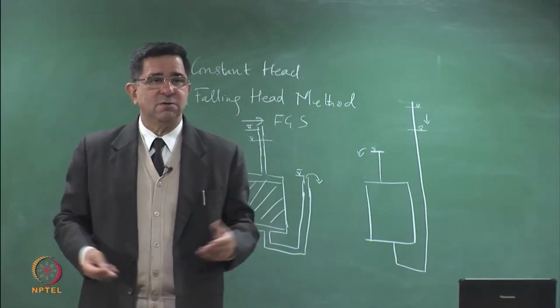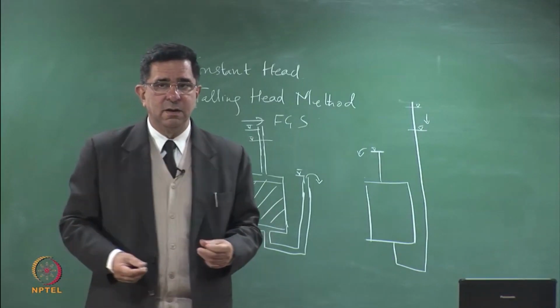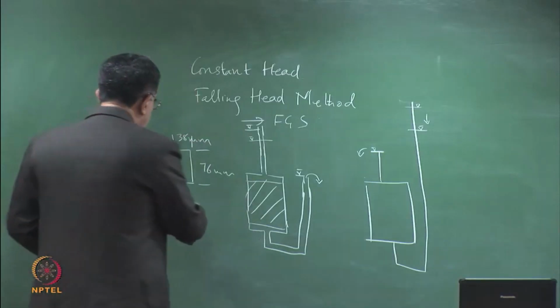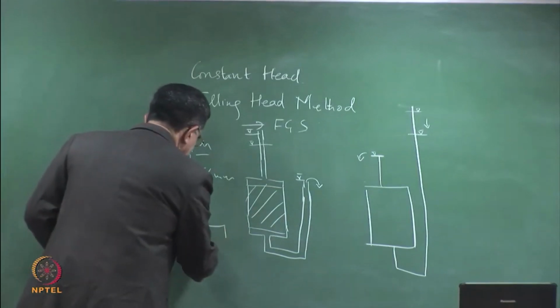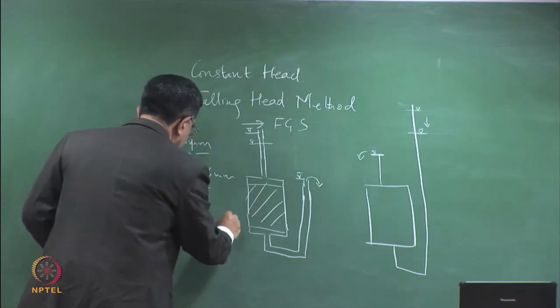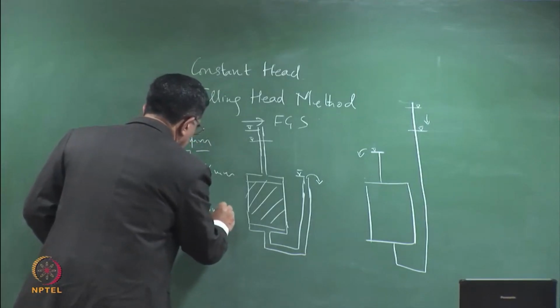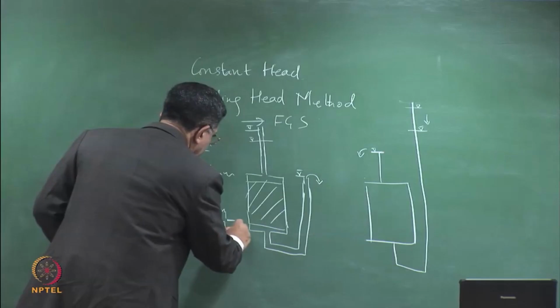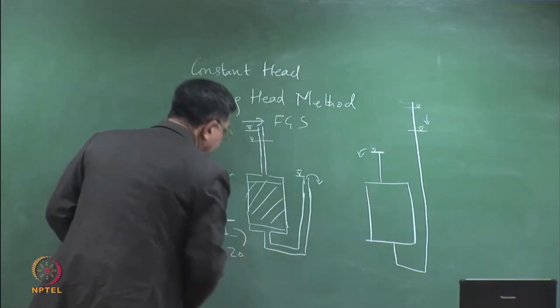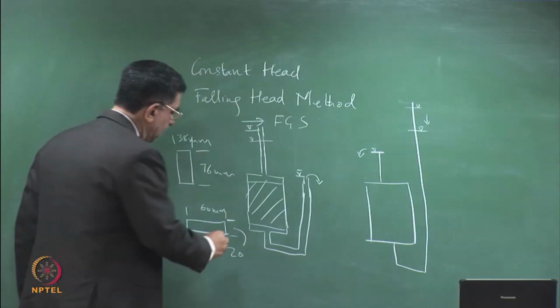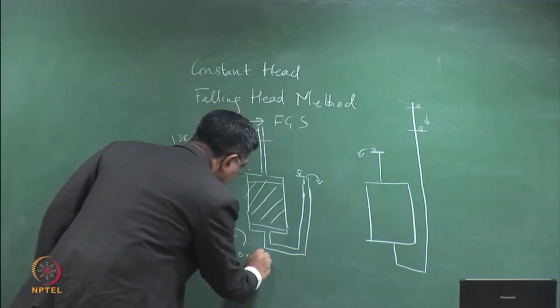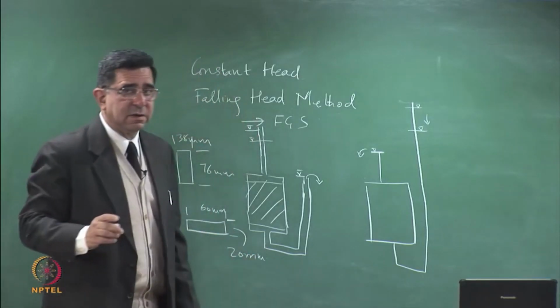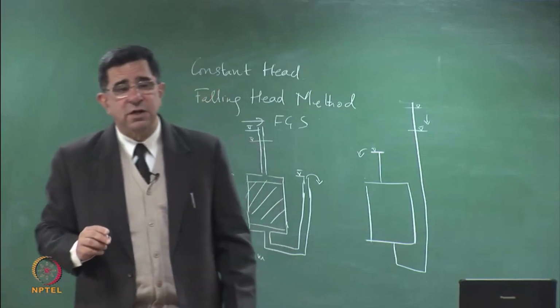What's the size of the consolidation ring? So the consolidation ring is like this, (20 or 25 mm), about 1 inch thick. How do you saturate a sample in the consolidation test?